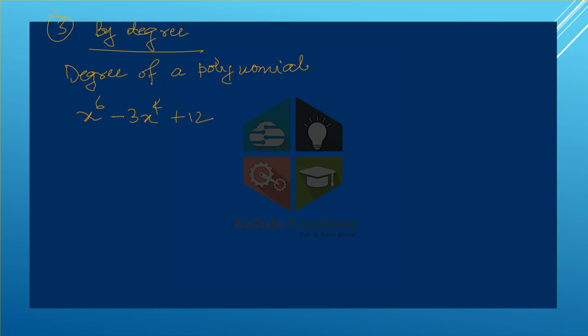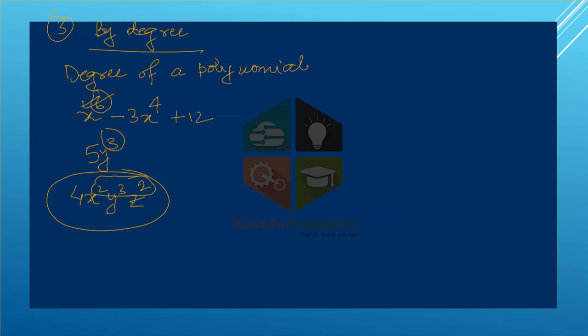The highest exponent is 6 here, so the degree of the polynomial is 6. 5y cube is a monomial and its degree is 3. 4x square y cube z square, this is a single term, and the degree is not 3 but 7, because all these powers are added and the total degree is 7. Degree of this polynomial is 7.